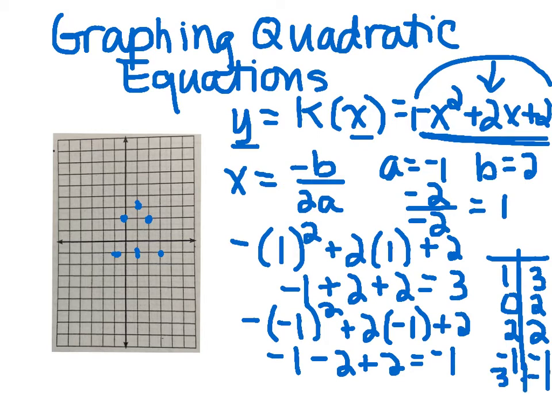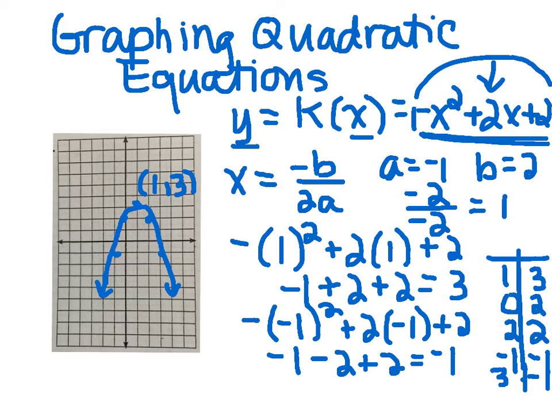Now that I have these 5 points, I'm going to erase this one because it makes it hard to understand. I then sketch as nicely as I can, and that's not so nice, but you get the idea that this is a parabola with this point, 1, 3 as the vertex.